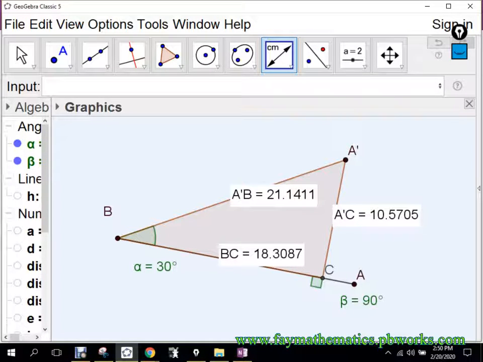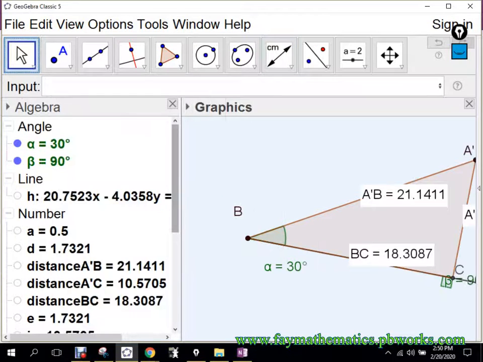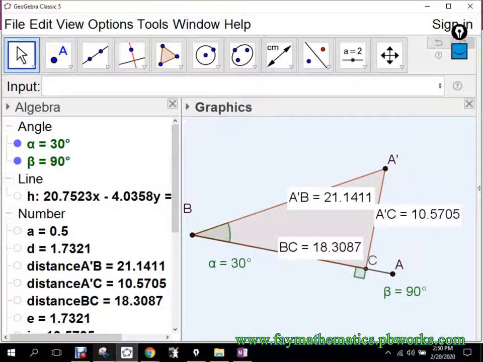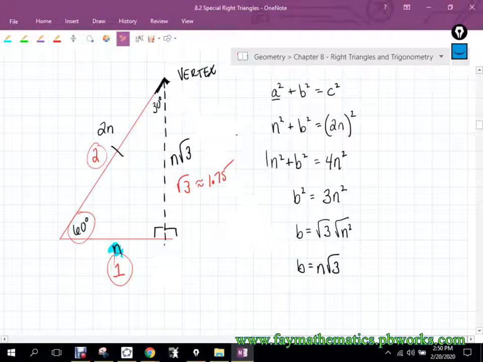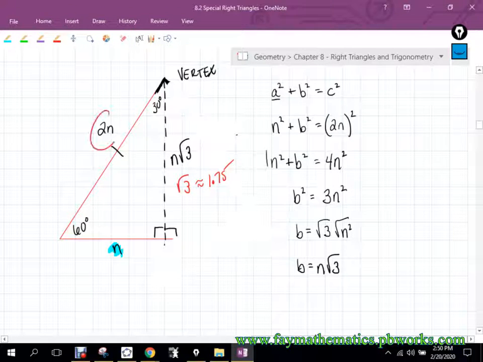It's because no matter what triangle I deal with that has a 30, 60, 90 set of measurements, if I take this side here and divide it by that side, what is 2n divided by 1n? What does that reduce to?